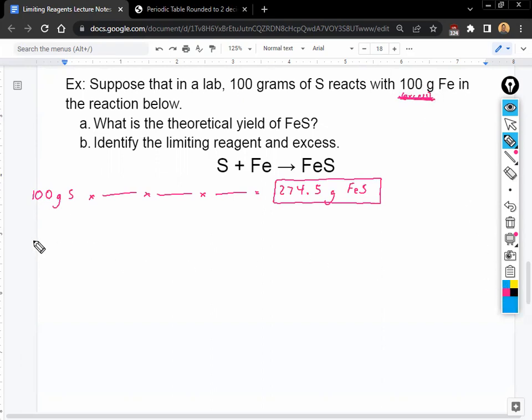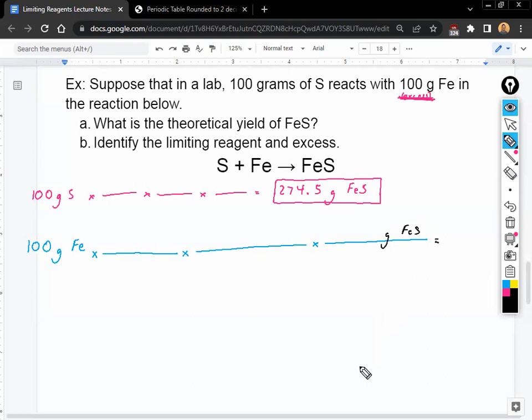So what we're going to have to do is set up another stoichiometry problem where we start with 100 grams of iron. And then you're going to have to set up your 3 fractions. And then this time you're going to be solving the same thing, grams of FeS.